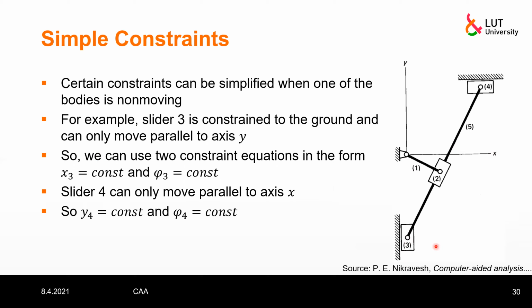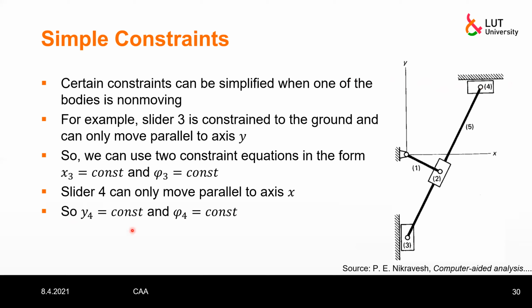Also, the angle for that body is always constant, and only y is changing. And as you can imagine, it's reasonably easy to write equations in the form that x3 is constant or phi3 is constant. Similar applies to that slider. Simply here we have defined that the y coordinate in this motion is always constant with respect to body 4.